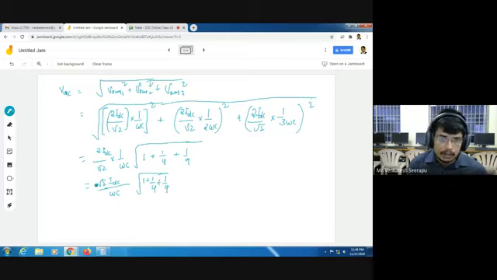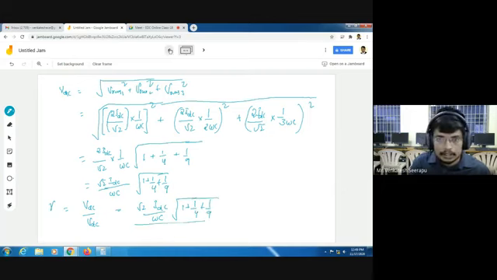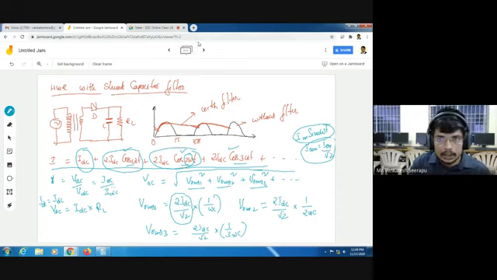Now I want to find the ripple factor value. Gamma can be written as VAC by VDC. We have the VAC value as root 2 IDC by omega C into root of 1 plus 1/4 plus 1/9, divided by the VDC value, which we got as IDC into RL.